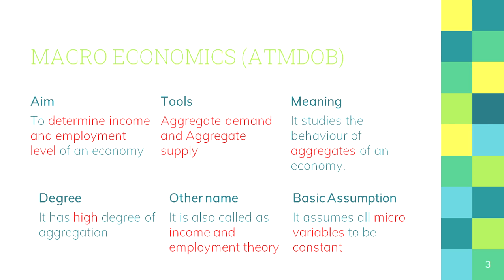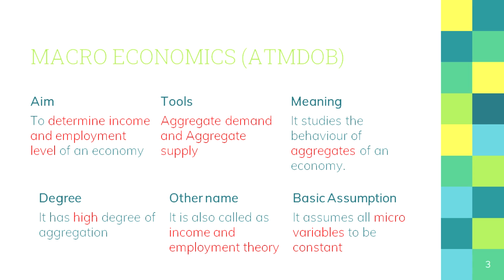When we say high degree, it tries to learn about the entire economy, all the concepts of the entire economy, like total employment, total income, total savings, total demand, total supply, etc. So it always has a high degree of aggregation. The other name for macroeconomics is income and employment theory.